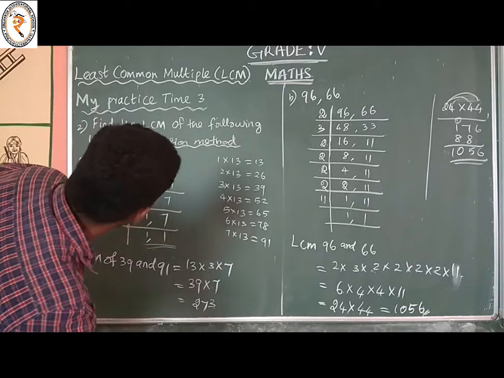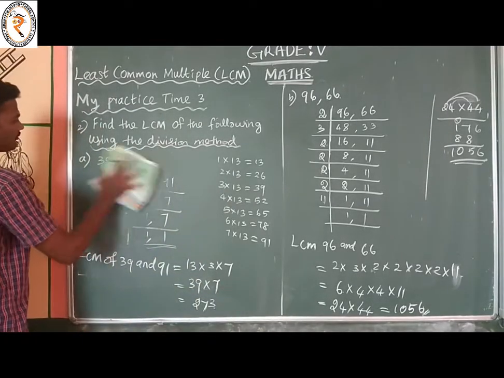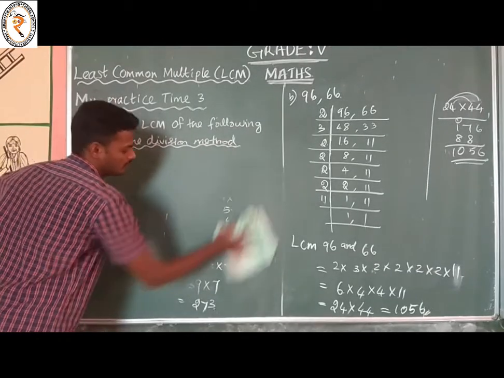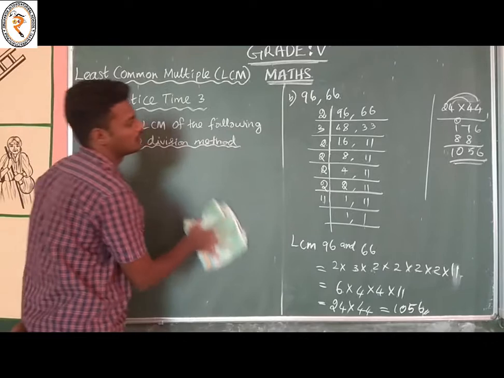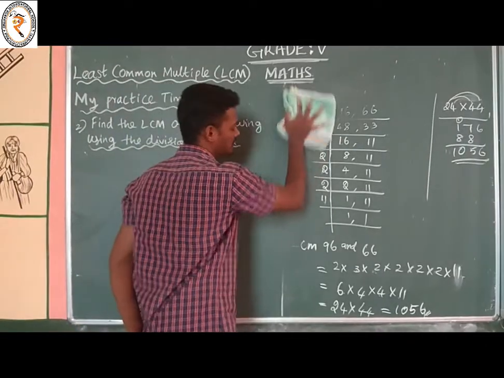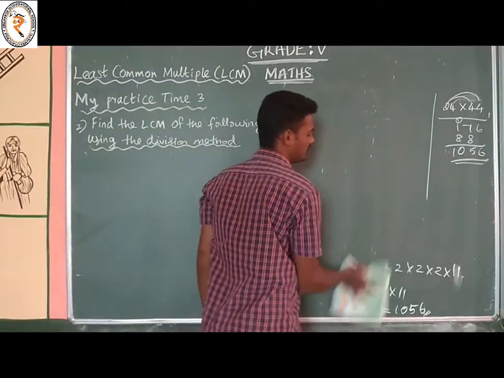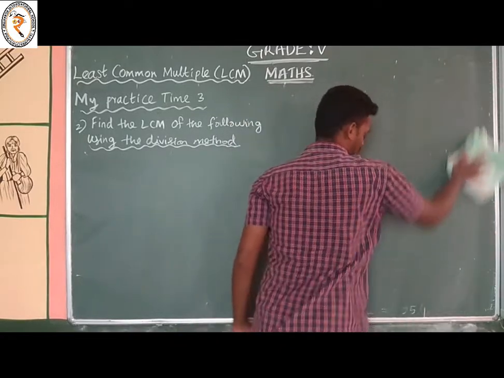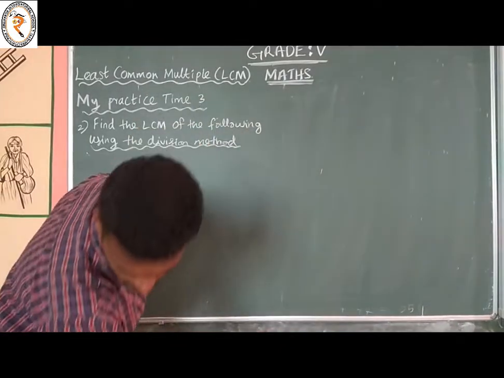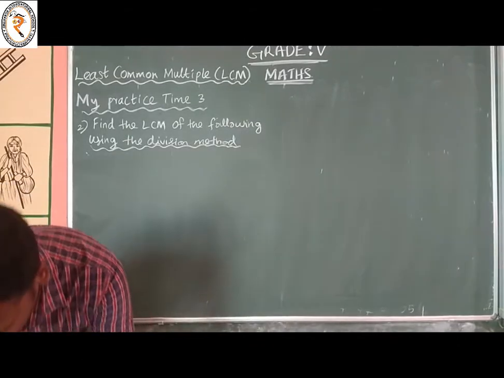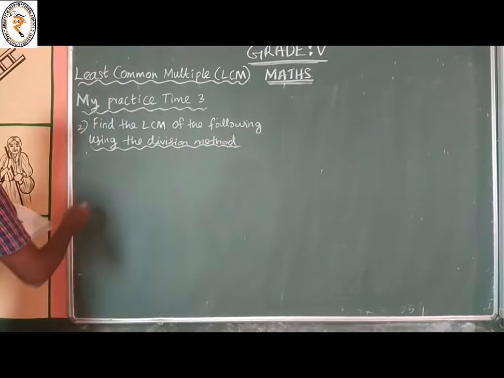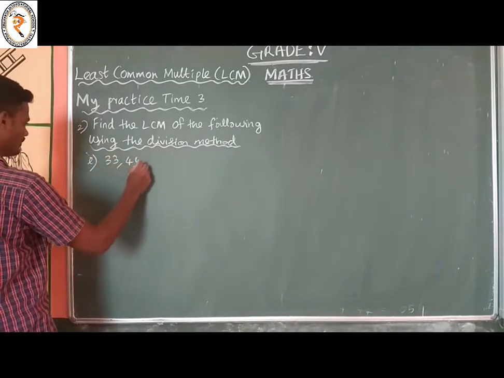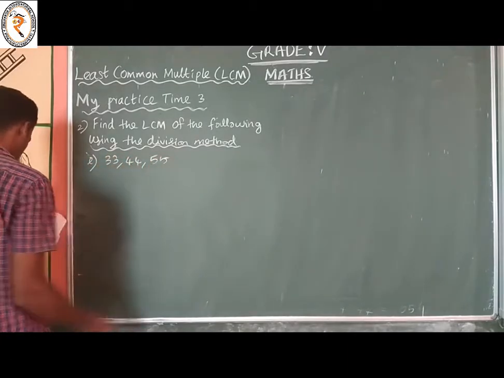So, third sum. LCM of 33, 44 and 55. 3 numbers.